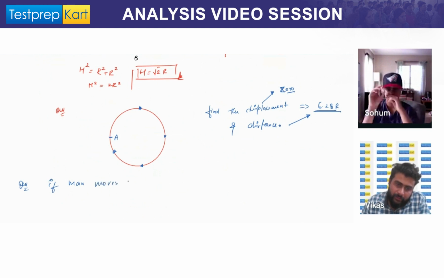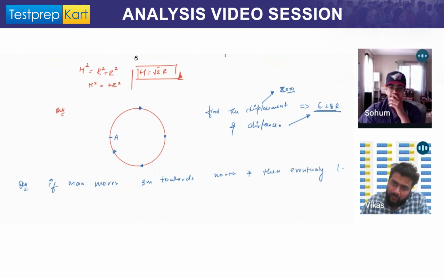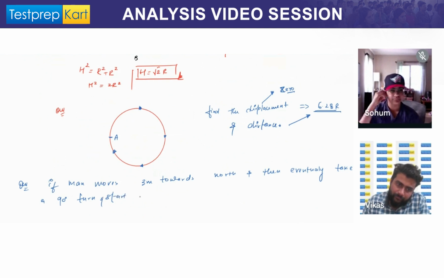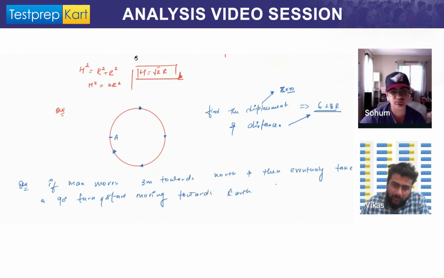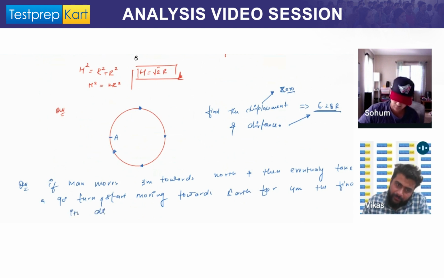If the man moves 3 meters towards north and then eventually takes a 90-degree turn and starts moving towards east for 4 meters, then find its distance and displacement.